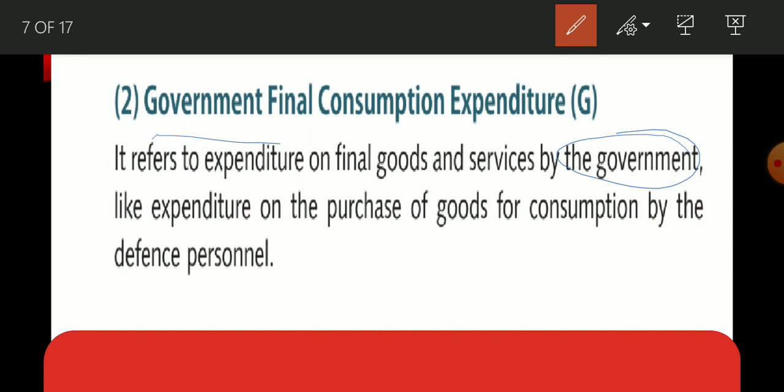So they are providing a lot of services within the country, plus it gives safety from other countries, and it gives us public amenities. For that they produce these goods and provide them free or at a very nominal price. So that is why it is considered as government final consumption expenditure.